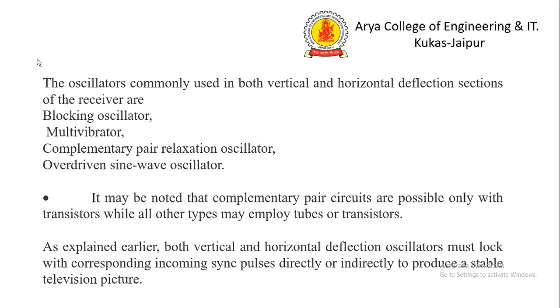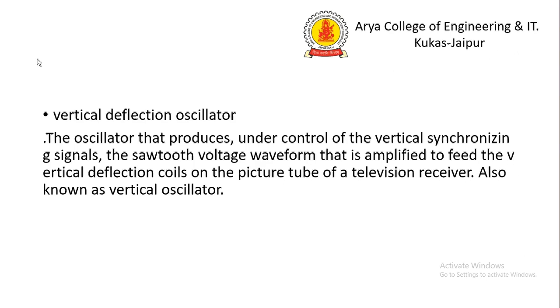As explained earlier, both vertical and horizontal deflection oscillators must lock with the corresponding incoming synchronizing pulse, directly or indirectly, to produce a stable television picture. What is a vertical deflection oscillator?